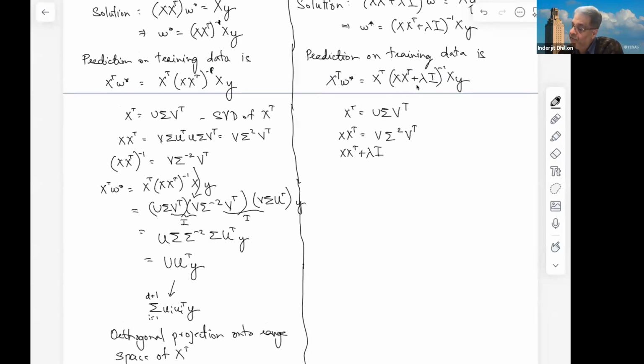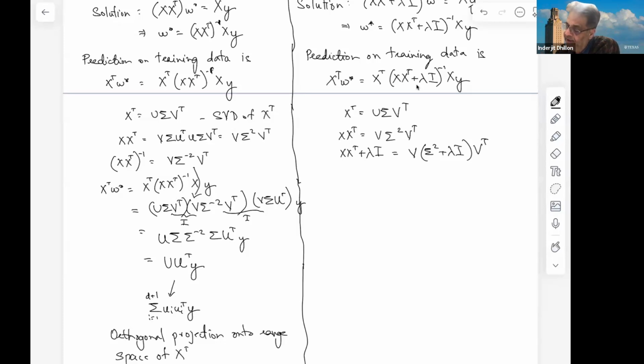I can write this as V times sigma square plus lambda I, V transpose, because V is n by n and square, so it gives me the identity, and I can write lambda inside.